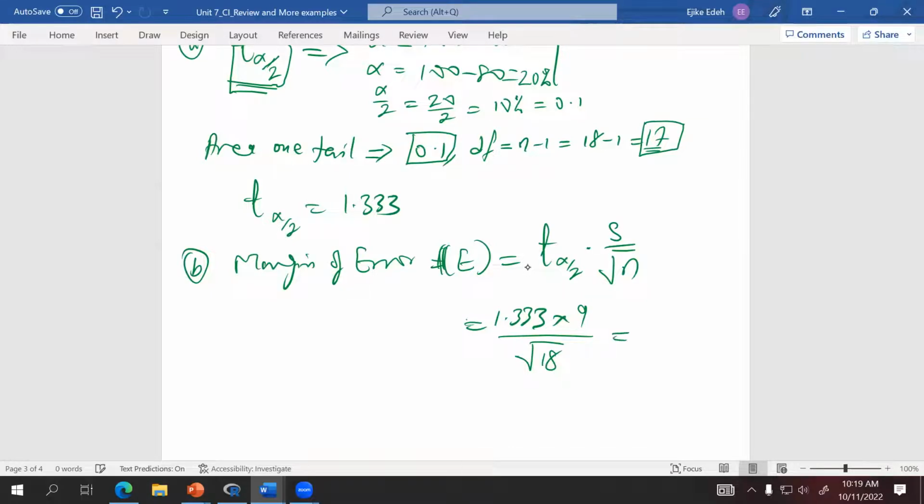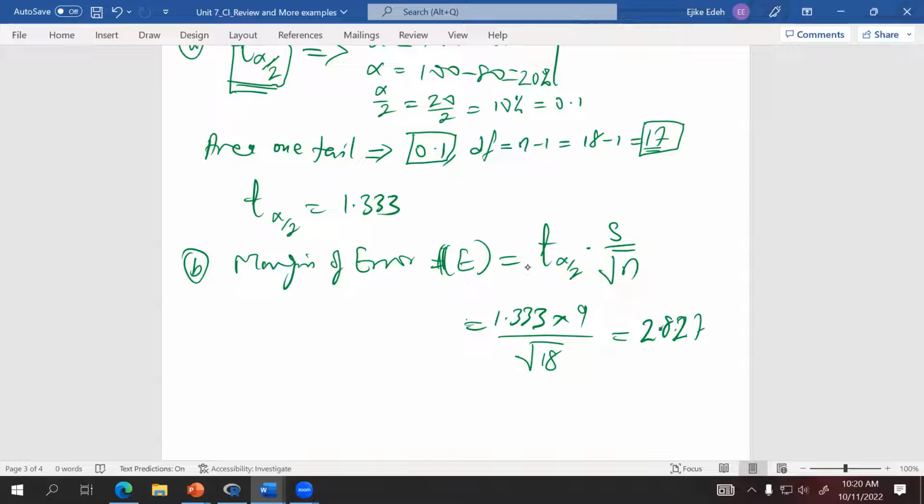Okay, somebody help us simplify this. I got 2.8277. 2.8277, thank you.